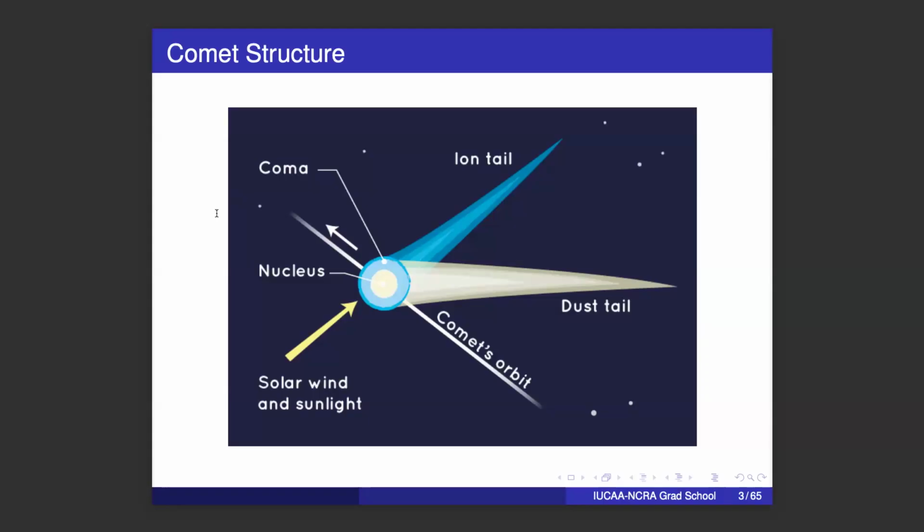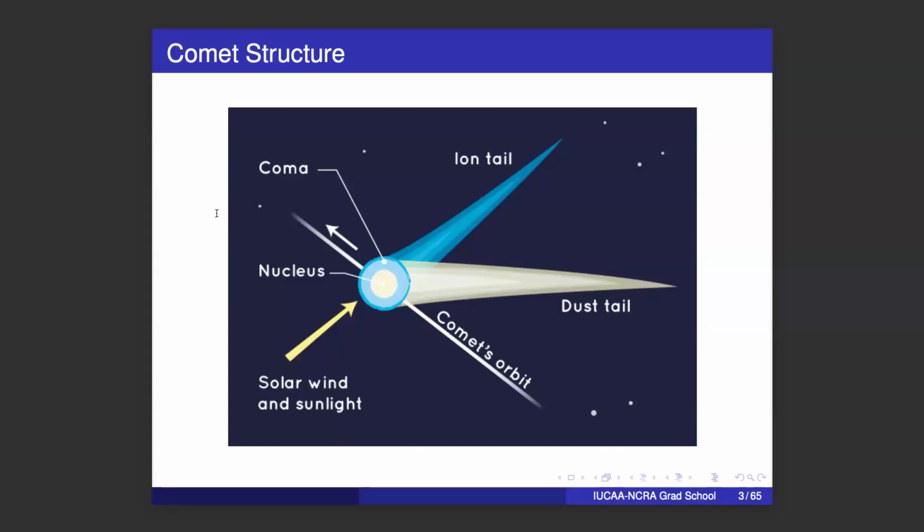And there are often two kinds of tails. One is called a dust tail, which is not perfectly, but more closely aligned with the comet's orbit, because remember, the comet is always going to be curving. It doesn't go in a straight line. The ion tail, on the other hand, is always radially outwards from the sun.